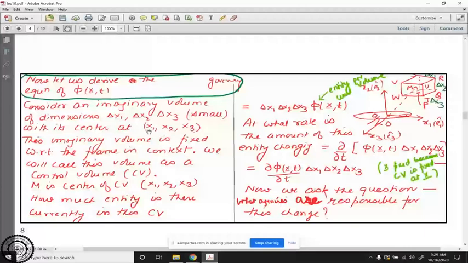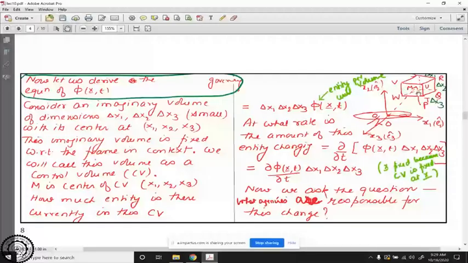The edges which are delta x1 are along the E1 axis, and similarly delta x2 and delta x3 are the dimensions of edges along the 2 and 3 axes. And I am taking this control volume to be a cuboid, meaning all faces are perpendicular to each other.